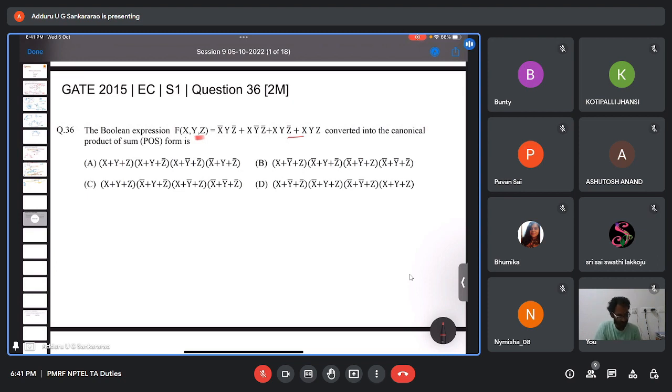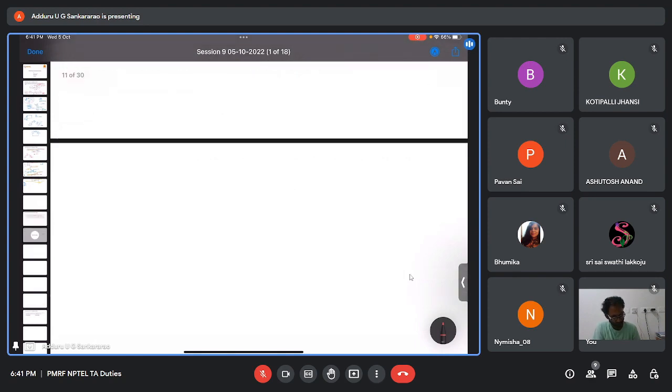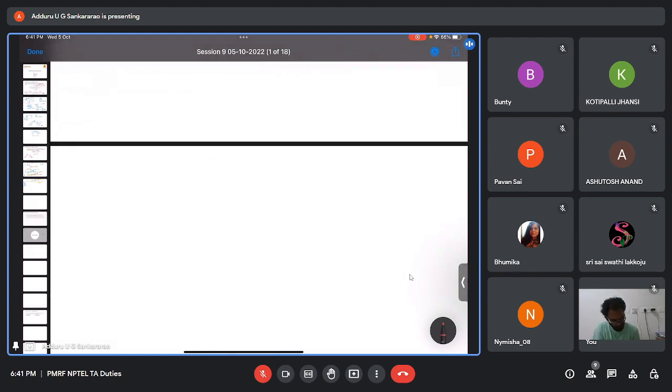Canonical POS form is also called the product of max terms form. I hope you know this. Boolean functions we can represent in two ways. One is the standard form: SOP form and POS form, sum of products form and product of sums form.